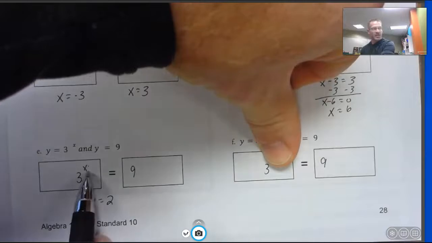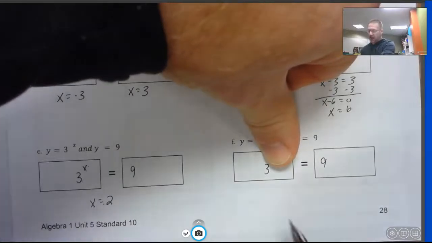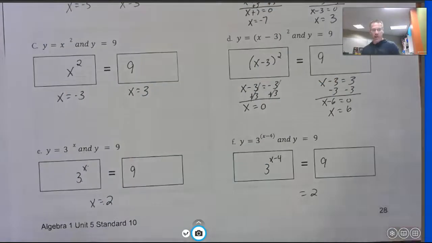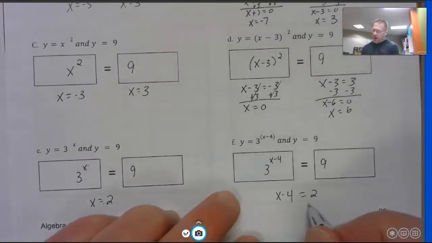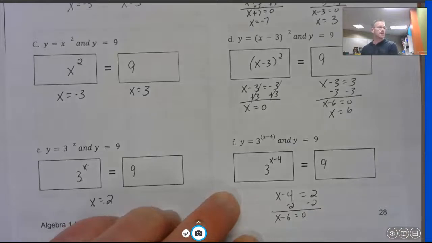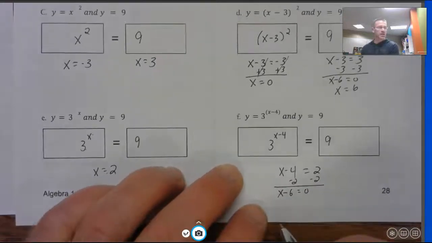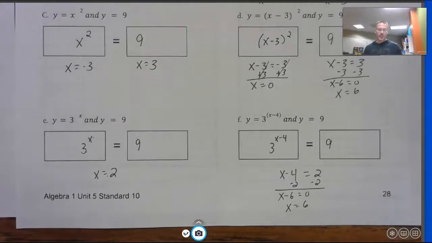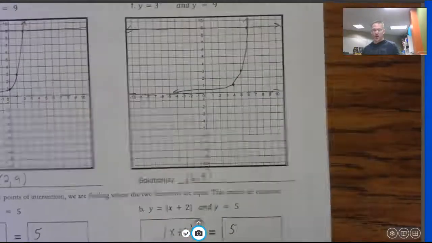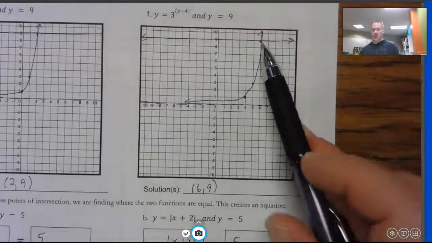But now it's not just x equal to 2. Now what's equal to 2 is x minus 4. All right, and so now when I subtract 2, I get x minus 6 is equal to 0. And then what minus 6 is 0? That would be 6. And you can see that when we did that problem, if I slide back up here, that's where our point of intersection was at 6, 9.